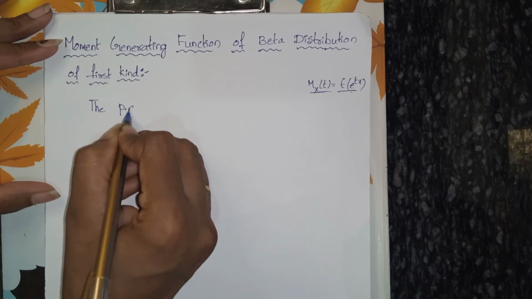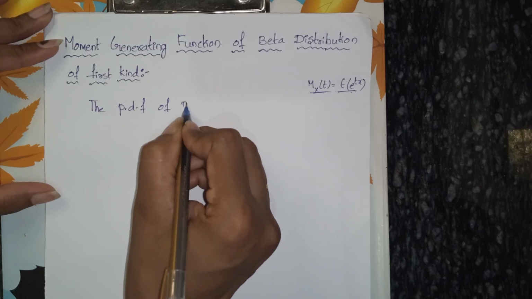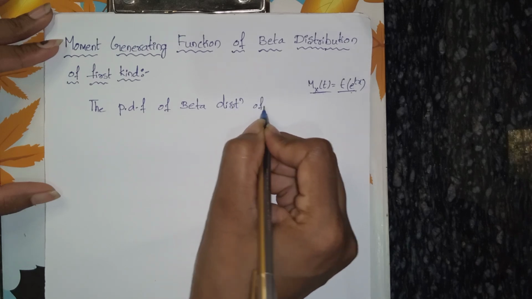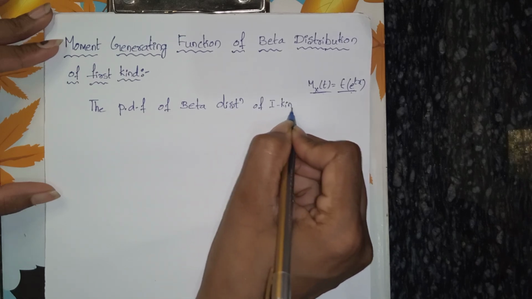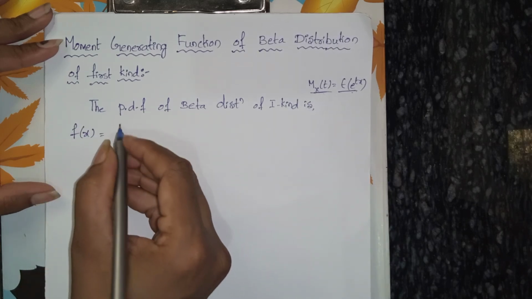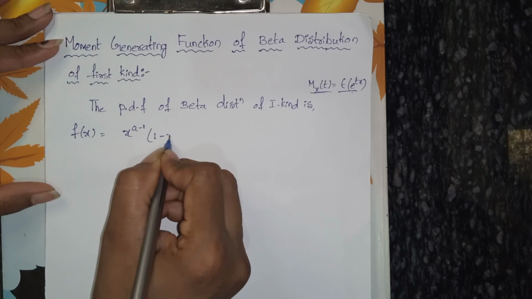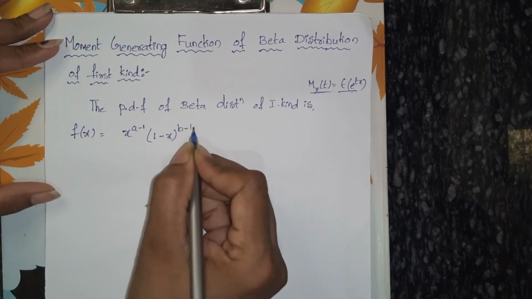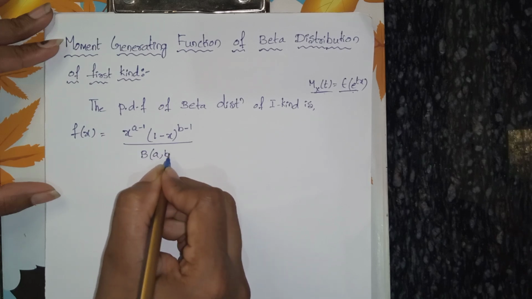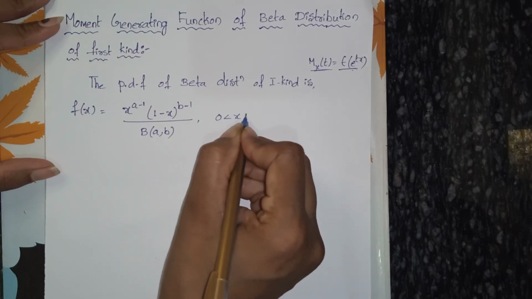The probability density function of beta distribution of first kind is f(x) equals x to the power of a minus 1 into 1 minus x to the power of b minus 1 by B(a,b), or beta of a comma b, and the limits are 0 less than x less than 1.